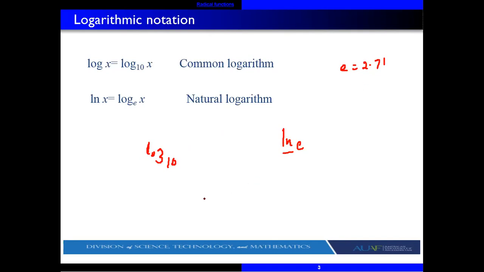So when we write log of 1000, this means we always have base 10. When we write, for example, ln of x plus 1, this means we always have base e. Correct? So two types: common log, whose base is always 10, and natural log, whose base is e.